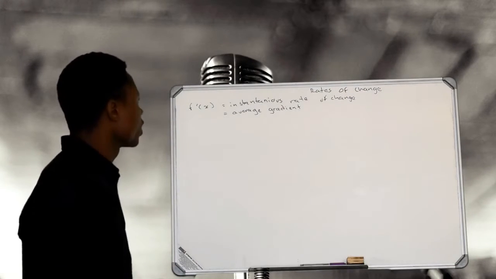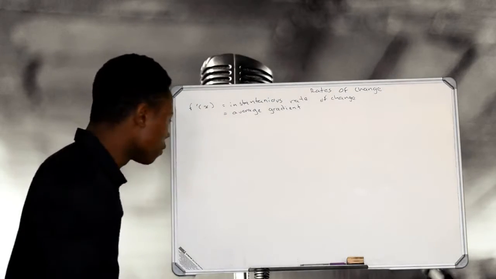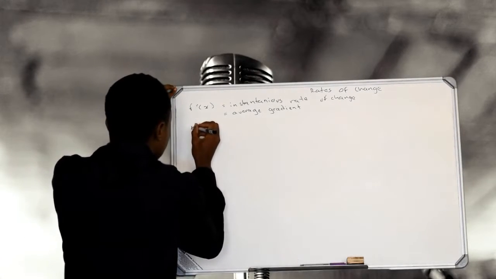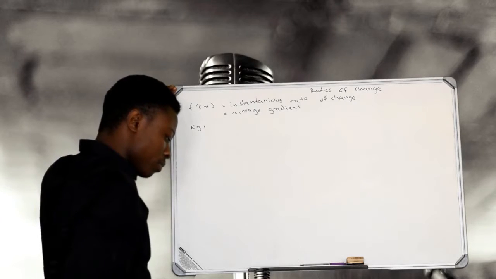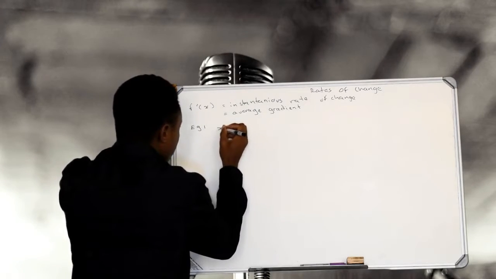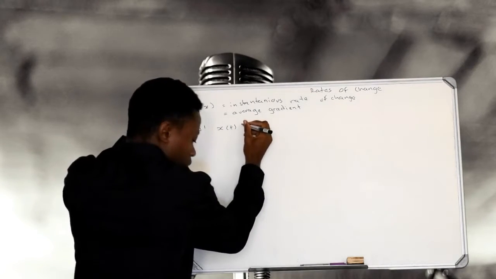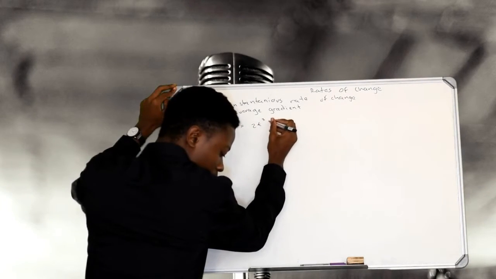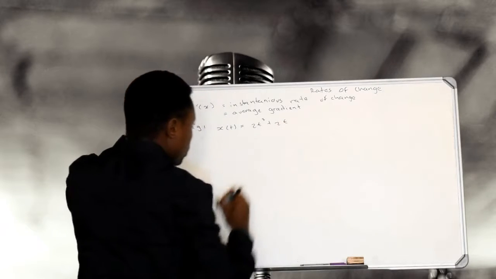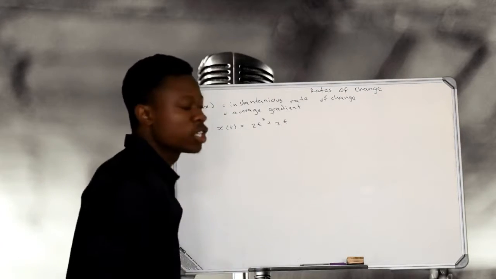So now let's do an example where we speak about the rates of change. Example 1, right? And we have x of t, a distance formula.